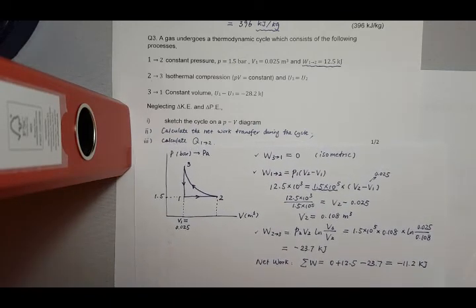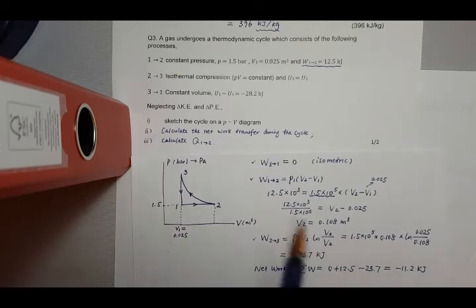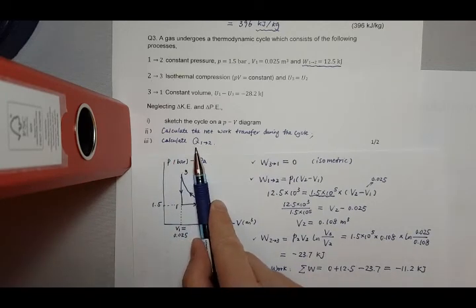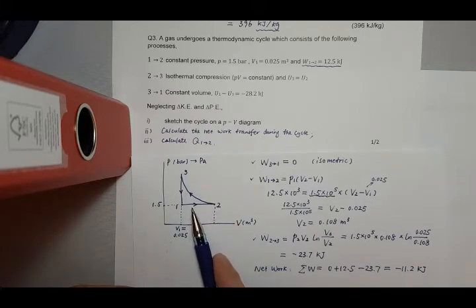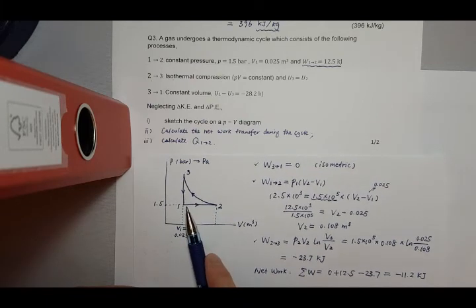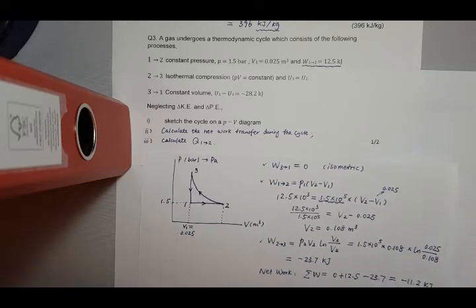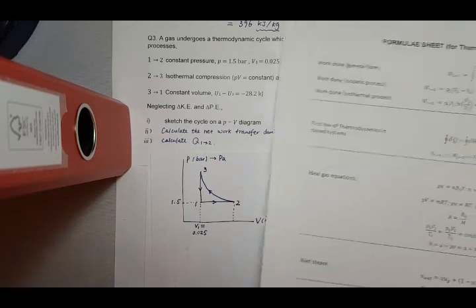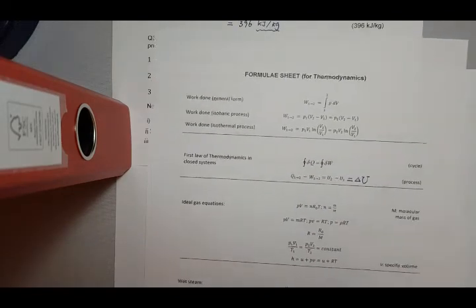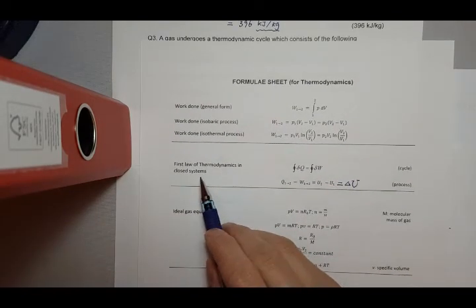So we have the third question here, asked to calculate the heat transfer, for 1 to 2. So let's have a look. Where's 1 to 2? 1 to 2 is here. We're going to calculate the heat transfer during this process. In this case, we're going to use the first law of thermodynamics for a closed system.